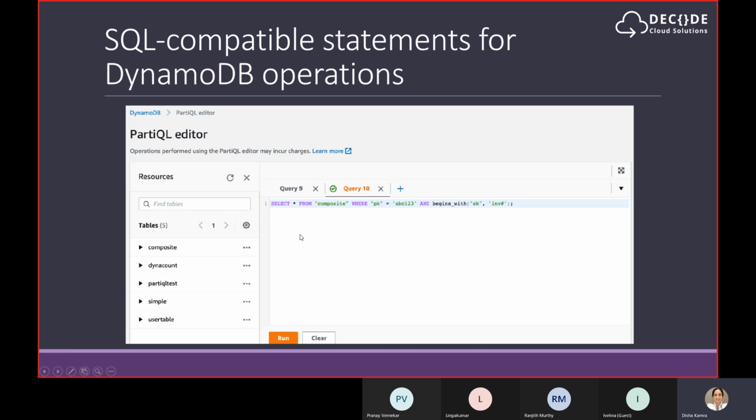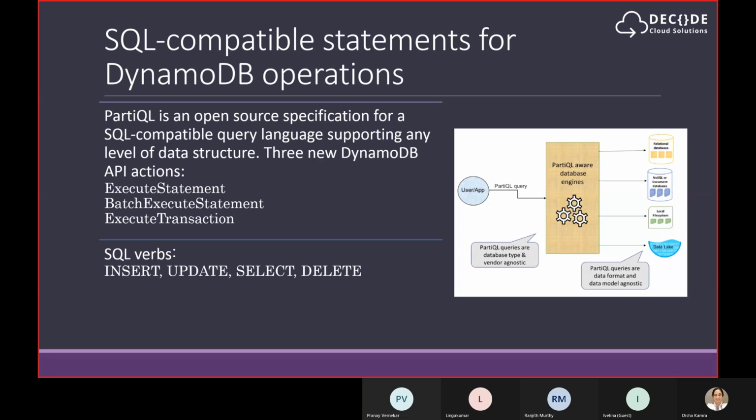So let me take you in here. I have mentioned PartiQL is an open source specification, and it's meant to be usable across many different data stores. You will see support for it in a number of different AWS services.